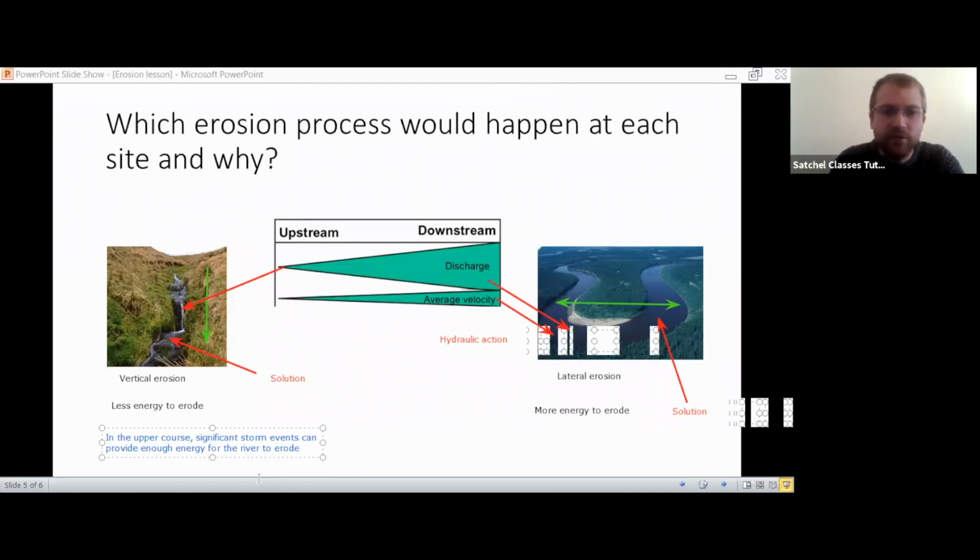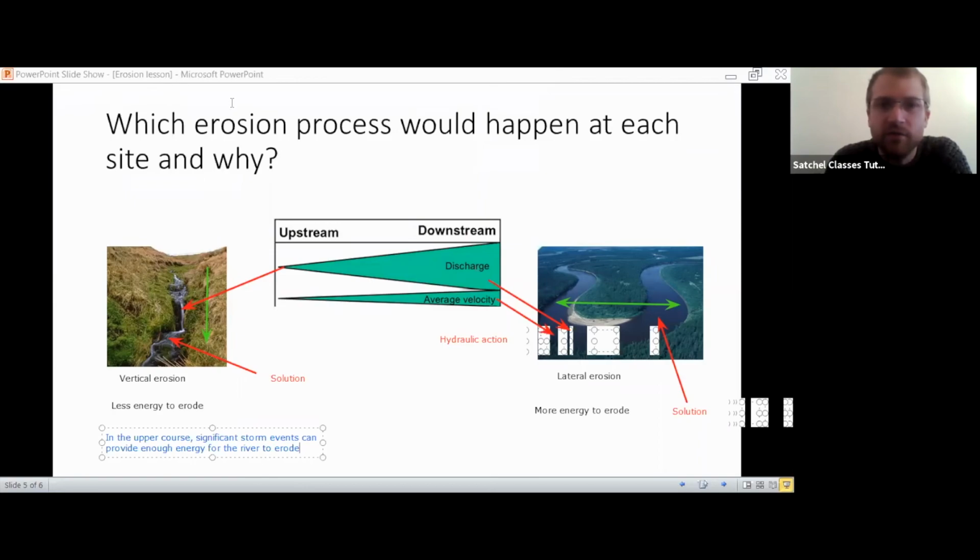In these events, that's when the river will mainly catch up most of its erosion. That's when all of those forms of erosion will be more significant, when it's got more power in those storm events.